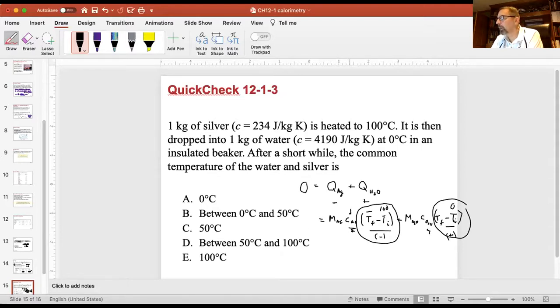Because this is small, this thing I circled must be big in order to be equal to this thing, which is big. So I don't need this thing to be as big, and I don't need the final temperature to be very large.